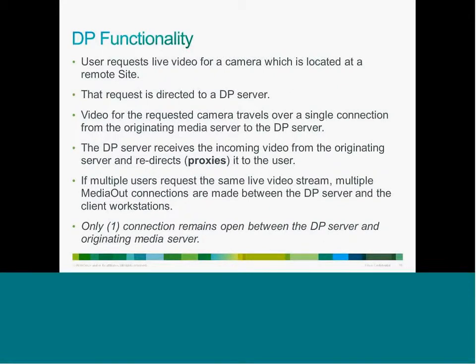The proxy server gets the video from the remote media server. It gets the one stream going, and once that stream comes into the dynamic proxy server, then media out takes it over on the centralized dynamic proxy server and allows you to fan out as much as you want.